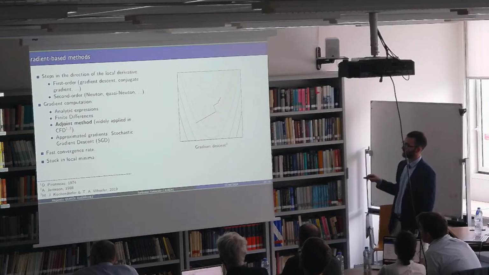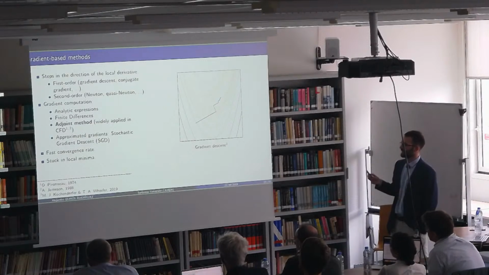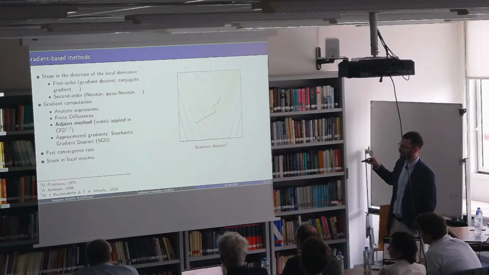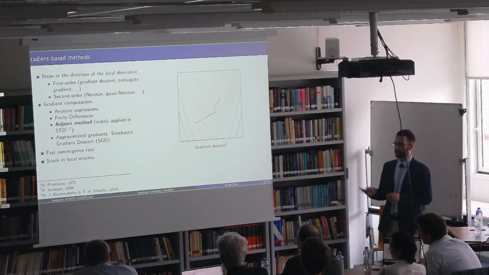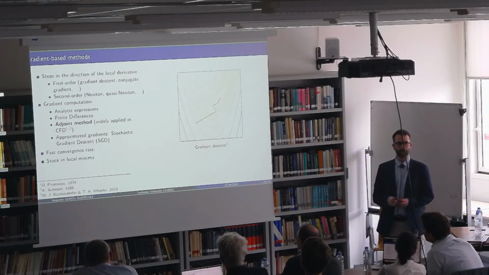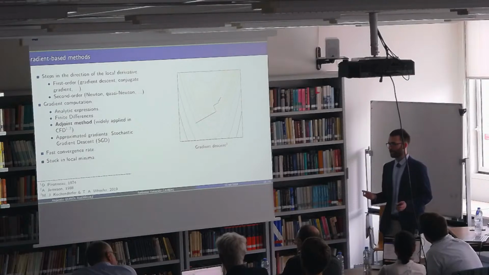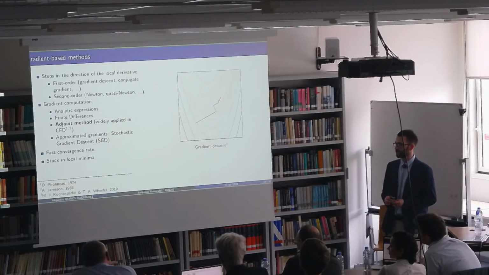Then in fluid mechanics, the adjoint method has been widely applied since its first applications by Pironneau in fluid mechanics and Jameson in aerodynamics. The problem is that it requires the implementation of an adjoint solver, which in the case of interfacial flows can be very, very complicated, if not even impossible.